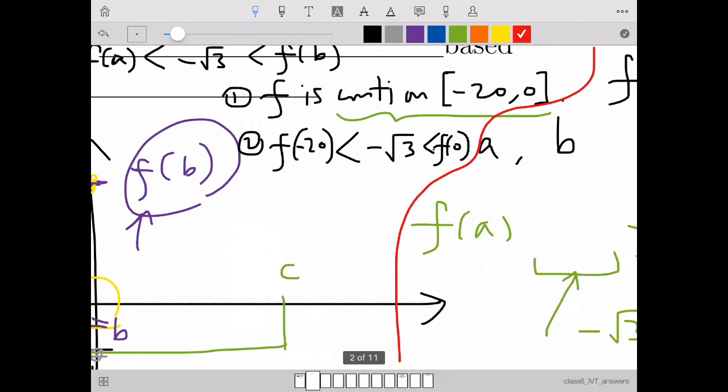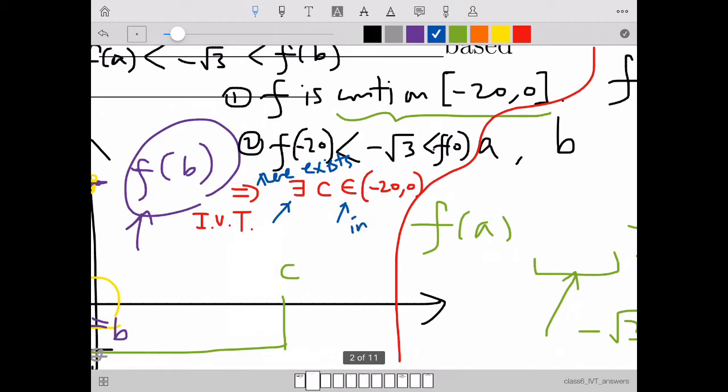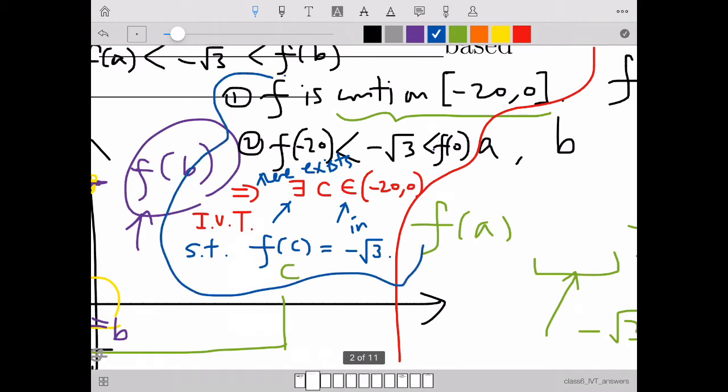So by IVT, there exists c in the open interval minus 20, 0, such that f of c equals minus square root of 3. So that's how you're going to justify the existence problem.